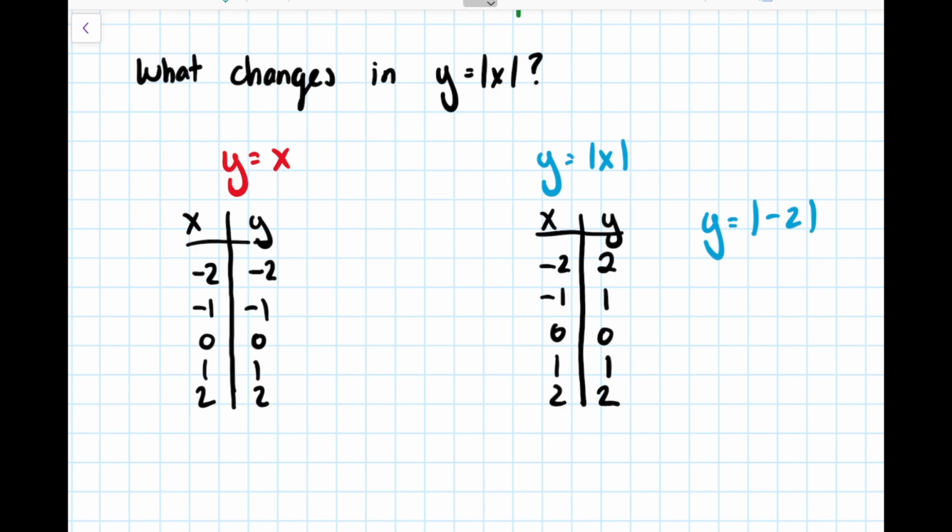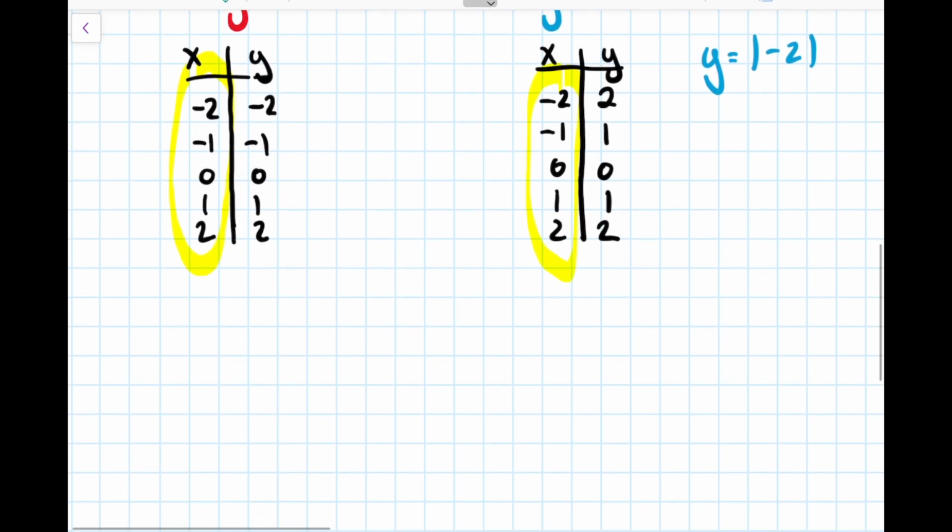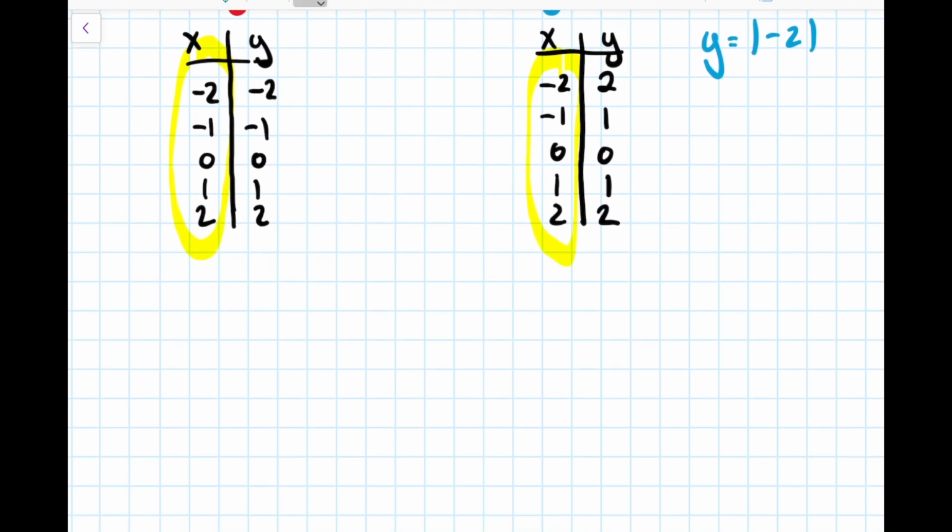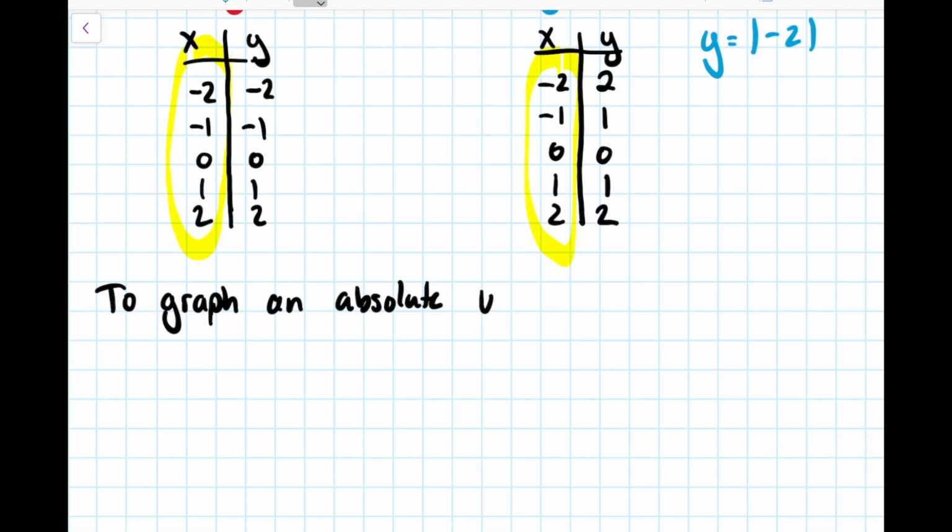You'll notice, hopefully, that the x values are still the exact same. Those haven't changed. What has changed is some of our y values. And this happens in a really predictable and controllable way. All that ends up happening to graph an absolute value is, if you look at your y values, the only ones that changed were the ones with negative y values.